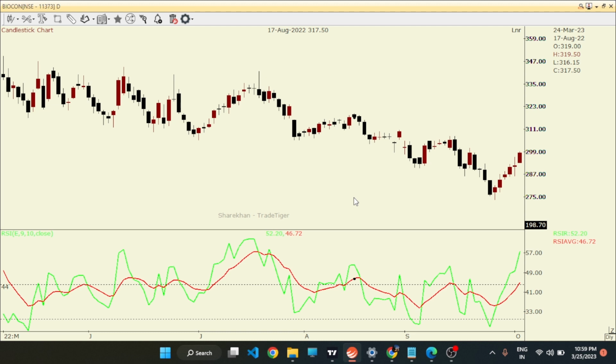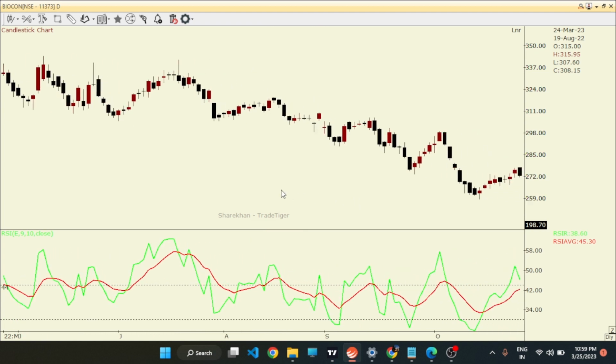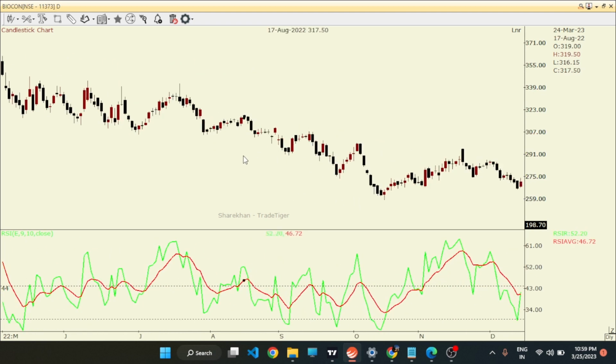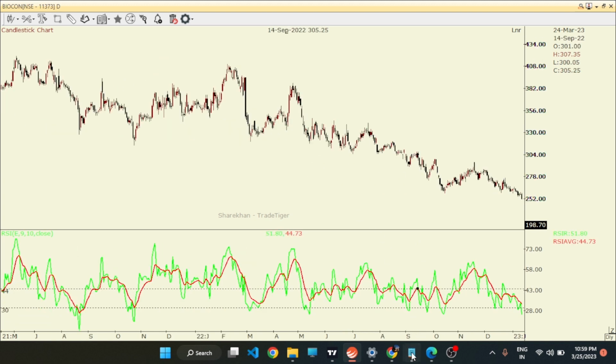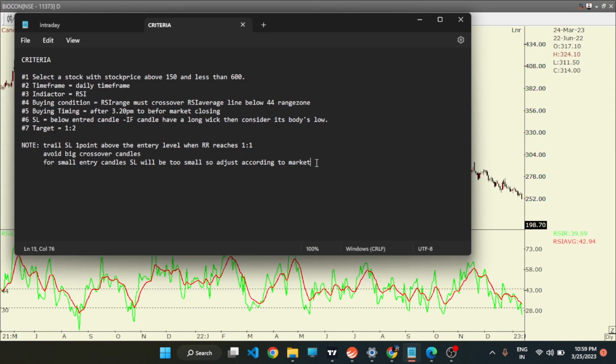It didn't even reach 1:1 RR, stop loss hit. So let's add one more thing to our criteria: avoid downtrend market. Avoid downtrend market.